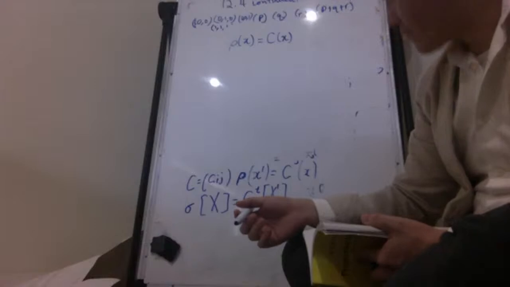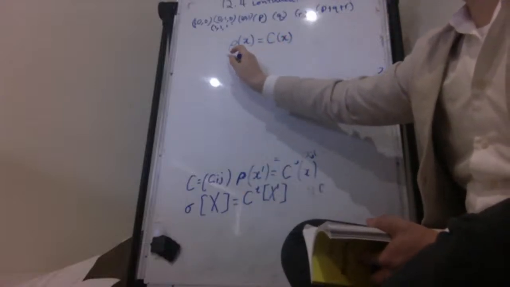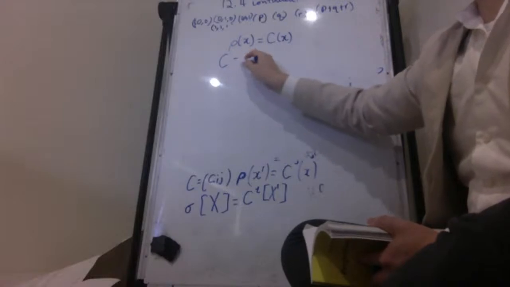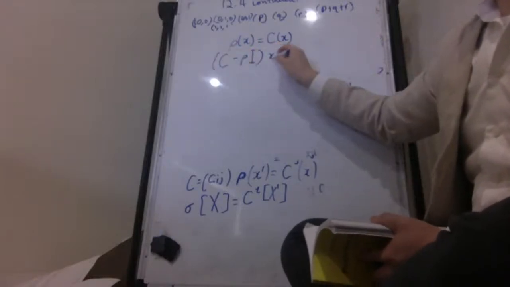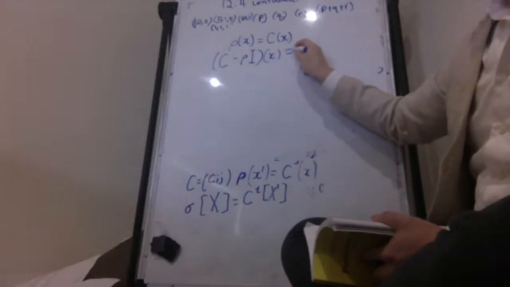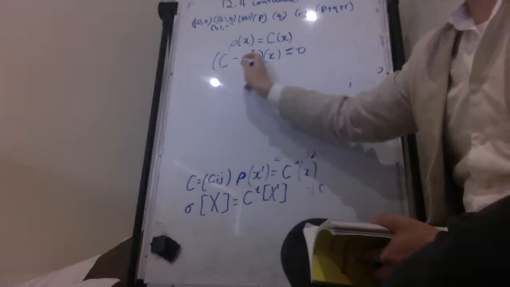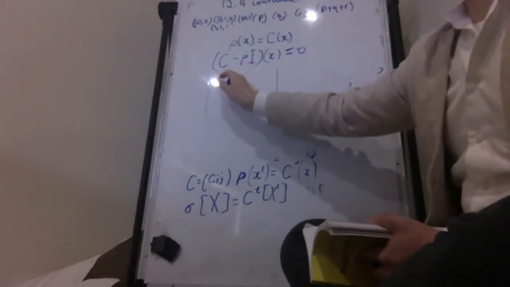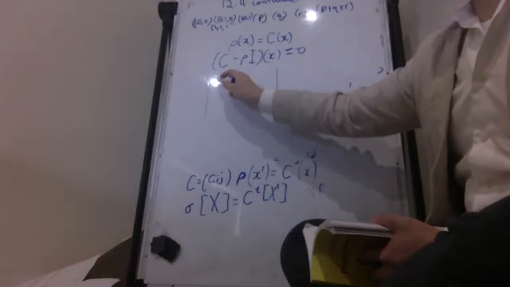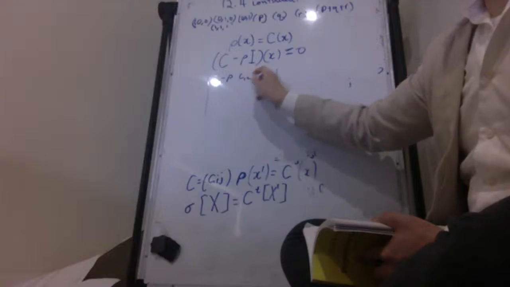So then it's just a matter of solving this equation, and that exactly happens when you put it all to one side. So C minus rho times the identity matrix times x equals 0. Okay, and then for this to be non-zero, this has to be non-invertible. So the determinant of this is given by C11 minus rho, C12, C13.